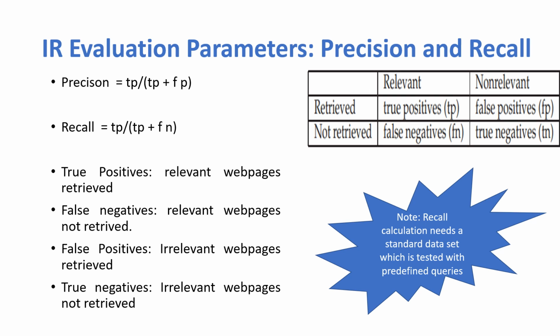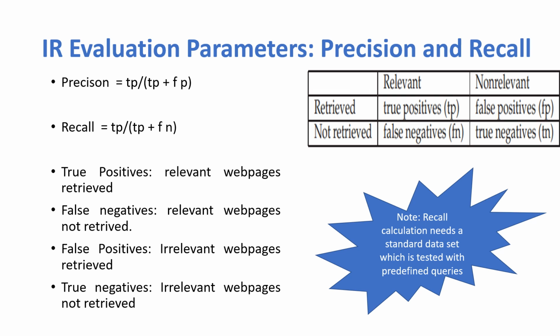But as far as IR is concerned, how are they defined? True positives are the relevant web pages that are retrieved. The web pages that are retrieved and they are relevant. That is true positive. False negative is the relevant web pages that are not retrieved. That is what recall was talking about. You can check the denominator of the recall here also: the relevant web pages that were missed out by the information retrieval system and did not come out at all. That is false negative.